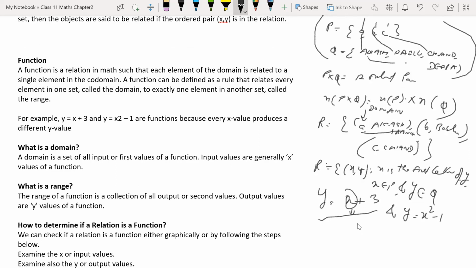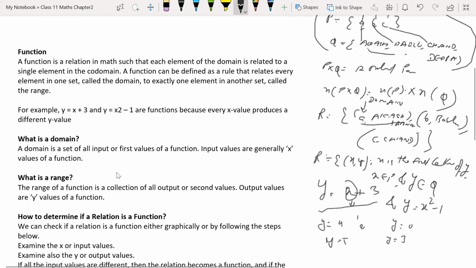If x is 1, then y is 4 in the first and 0 in the second. If x is 2, then it produces 5, and this produces 3. So that's a function, because every x value produces a different y value. So we have calculated that.